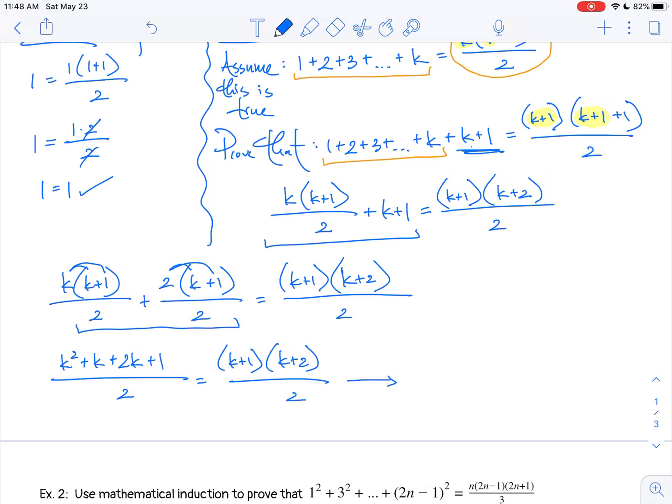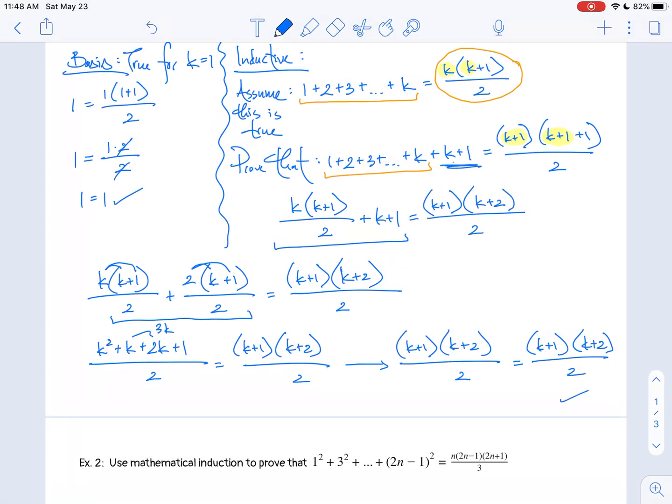And I think one last step should do it. This k plus 2k gives me 3k. And then I can factor that to be k plus 1 times k plus 2 over 2 equals what I wanted it to equal.